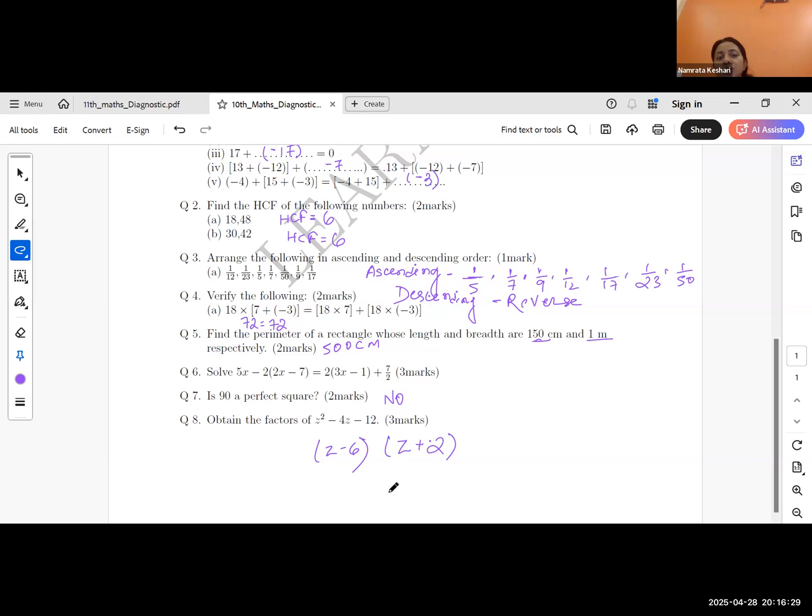Please do question number 6 and find the x value. This is really simple. A linear equation in one variable. We should solve for x. Yes, solve for x, that's it.